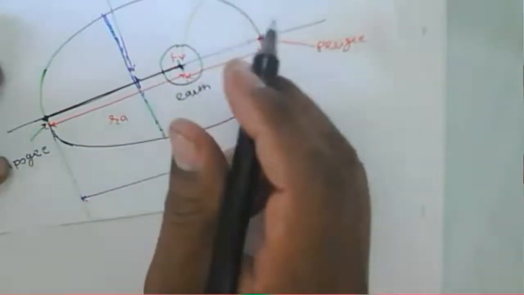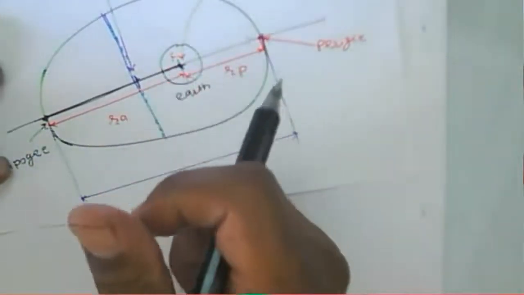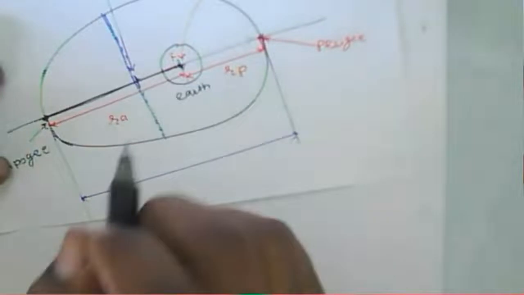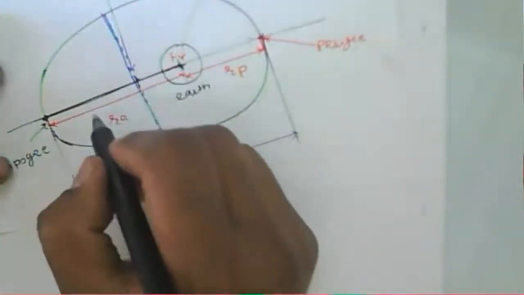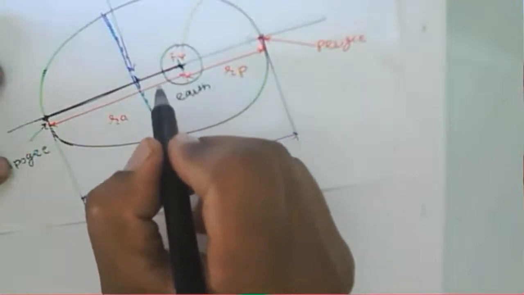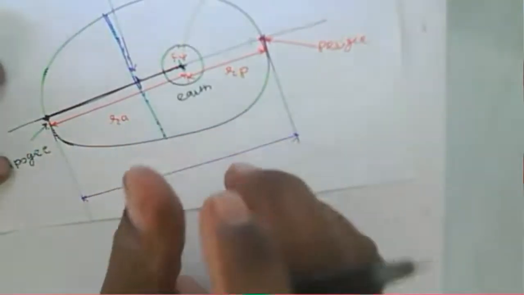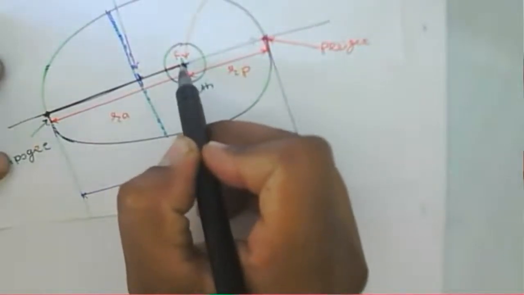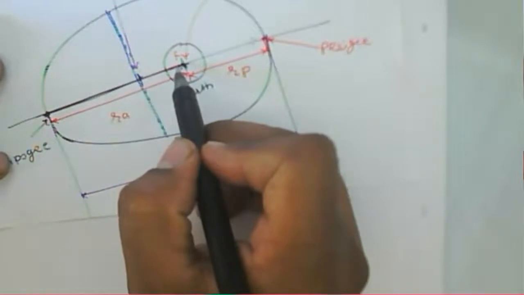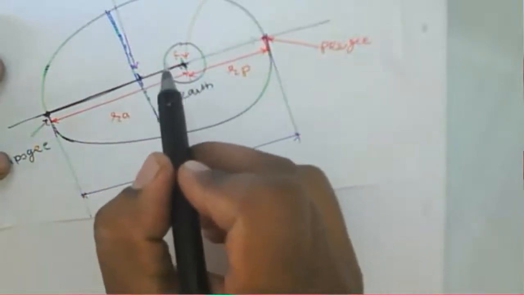If it is merged, then the eccentricity will be zero, and the orbit will no longer be an ellipse. It will look like a circular one.